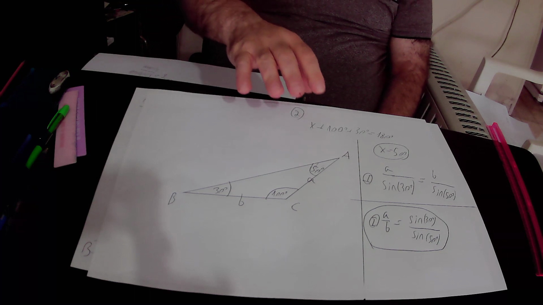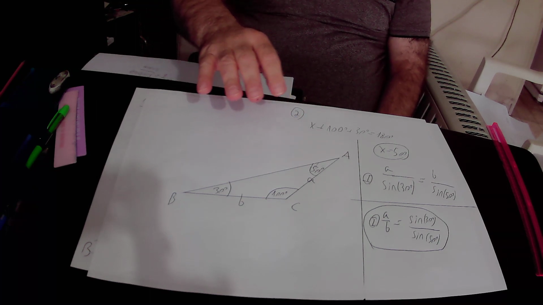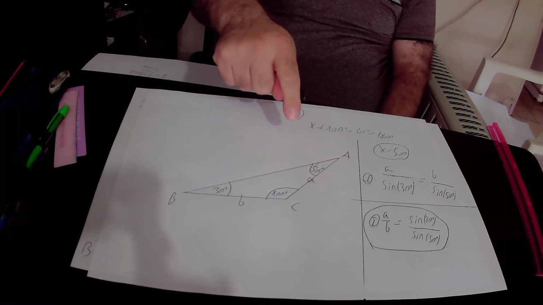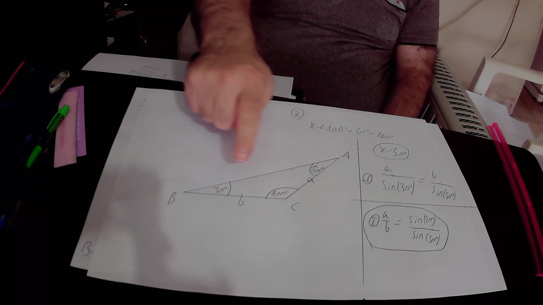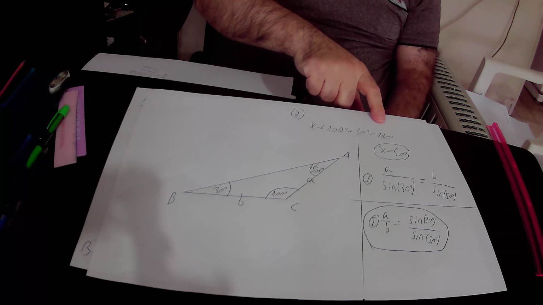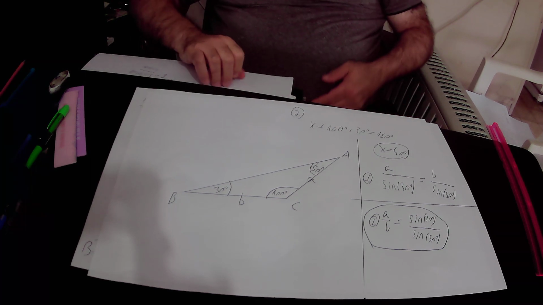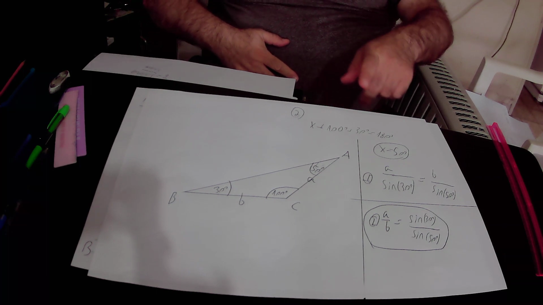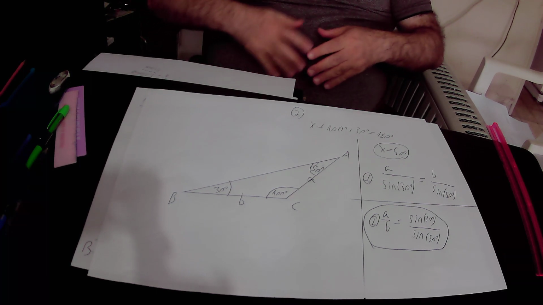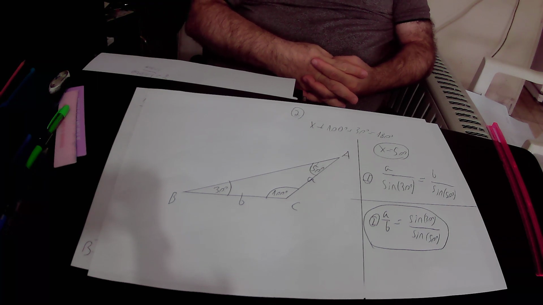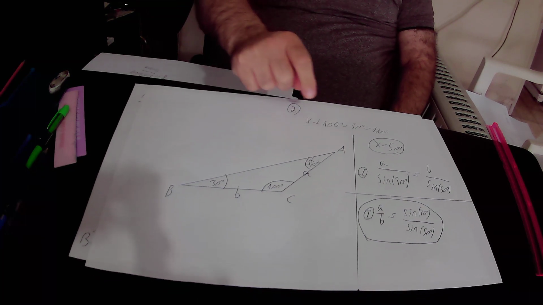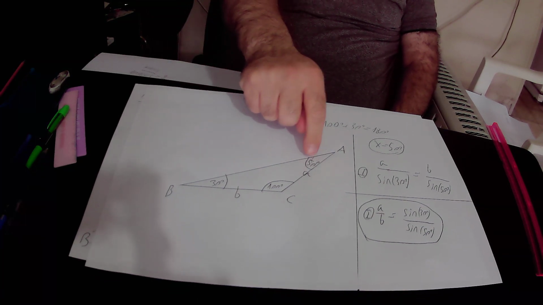So angle X plus 100 degrees plus 30 degrees must equal 180 degrees. Subtracting 130 degrees, 180 minus 130 is 50 degrees. So angle BAC equals 50 degrees.